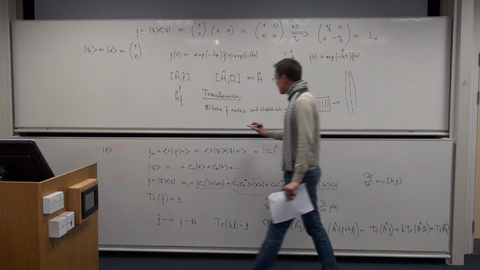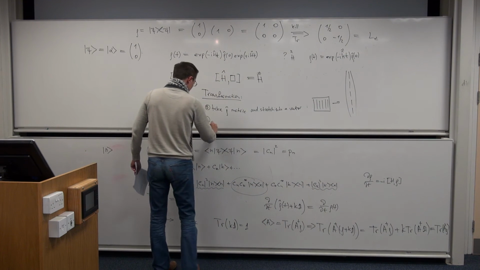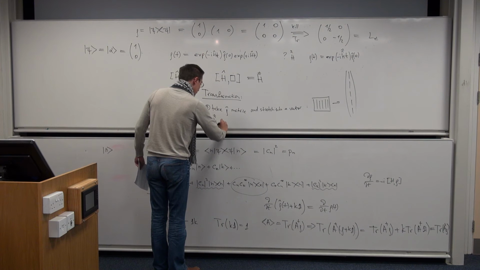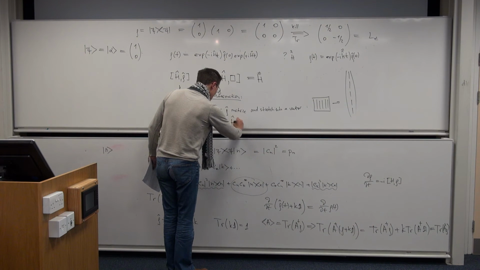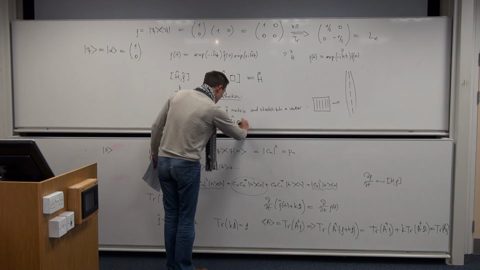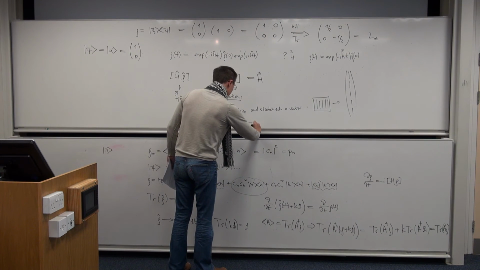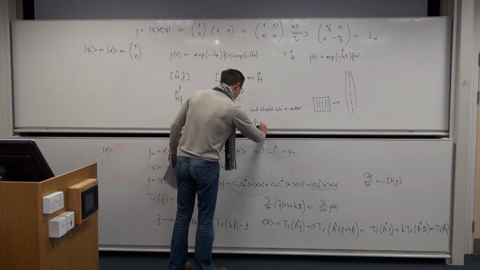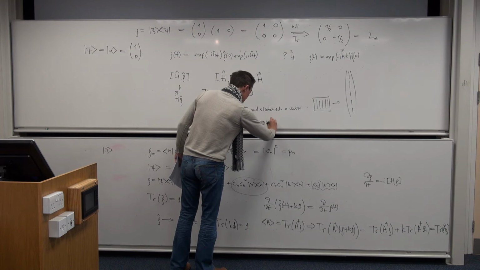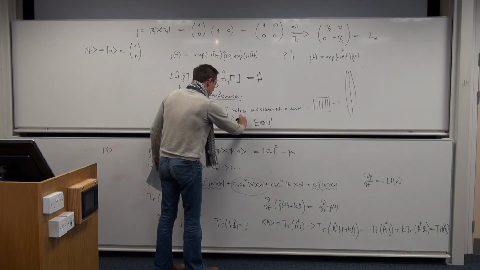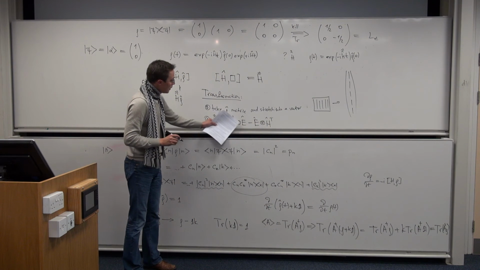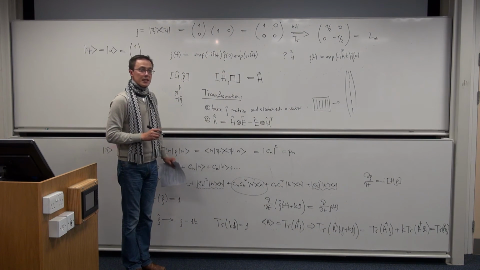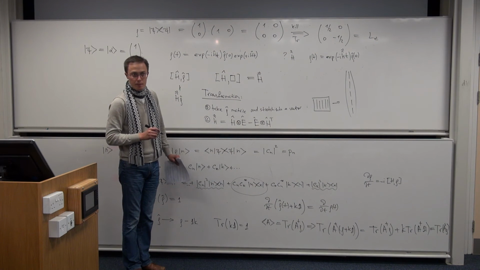And the second step is H double hat is equal to H cross E minus E cross H transpose. Very non-trivial thing to derive. But E is the unit matrix of the same dimension as the Hamiltonian.